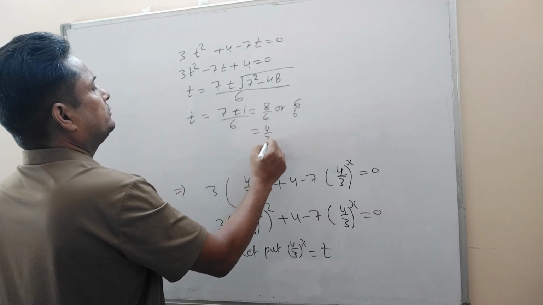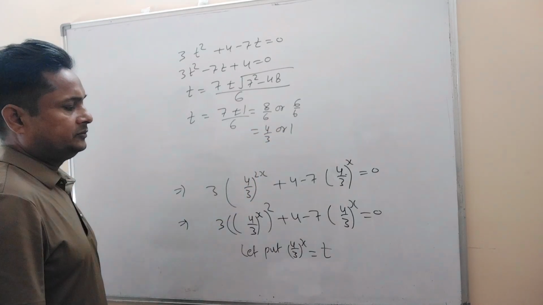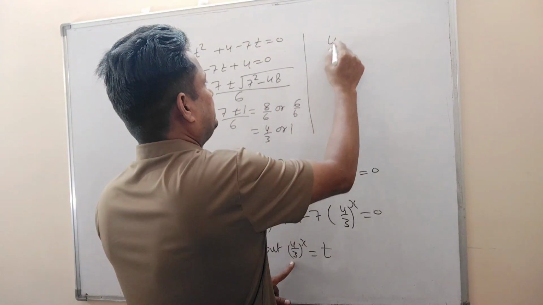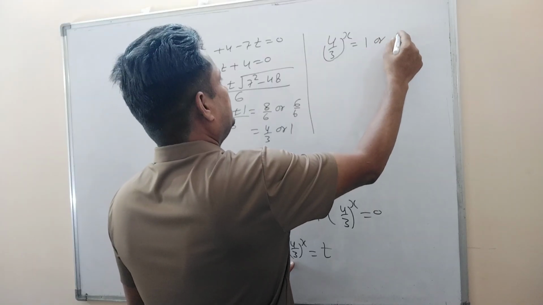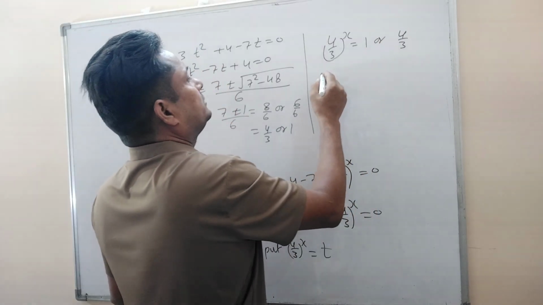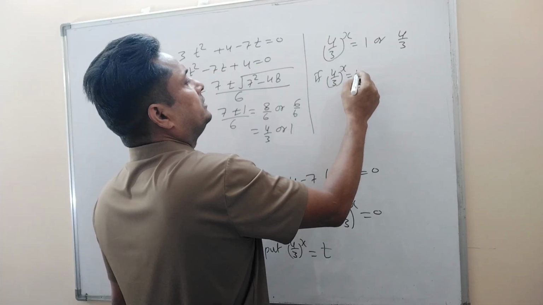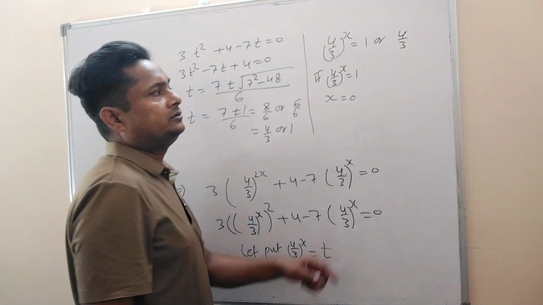That means 4 by 3 or 1. So t is what? This is given. So 4 by 3 to the power x will be equal to what? 1 or 4 by 3. So if 4 by 3 to the power x is equal to 1, then answer will be what? x is equal to 0.